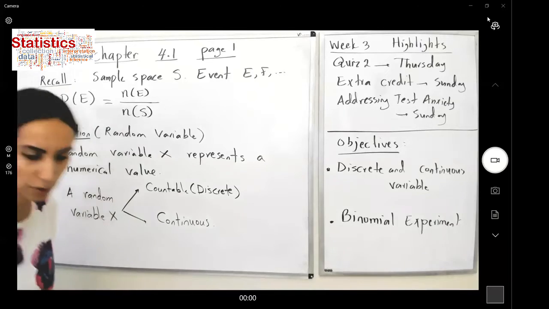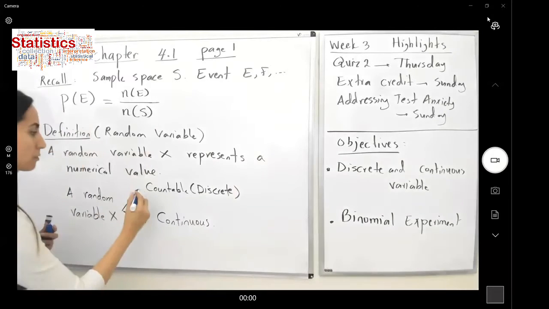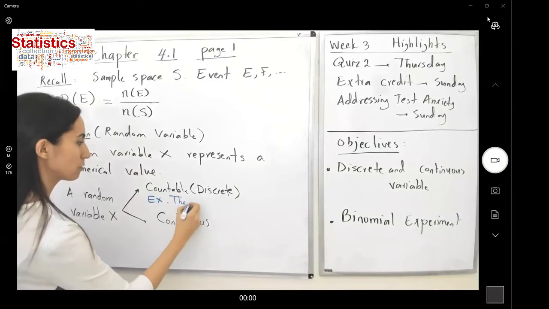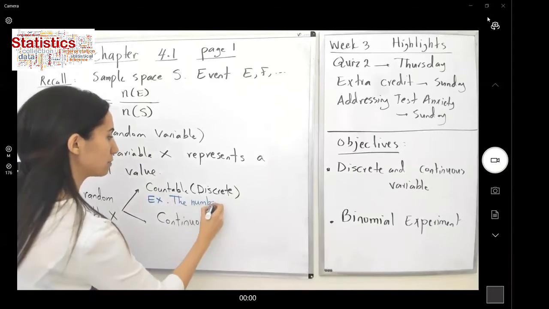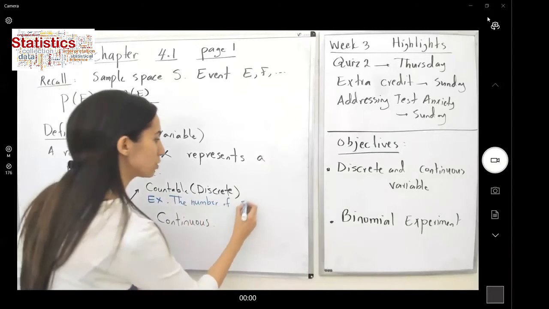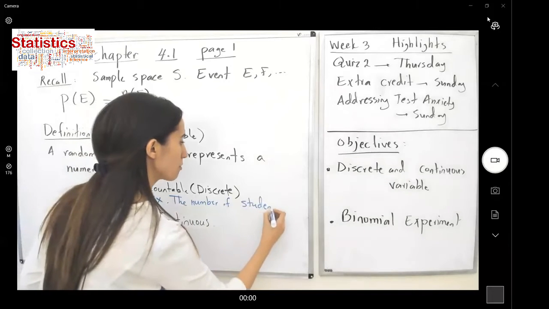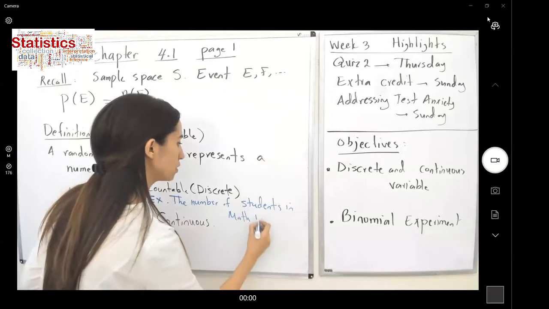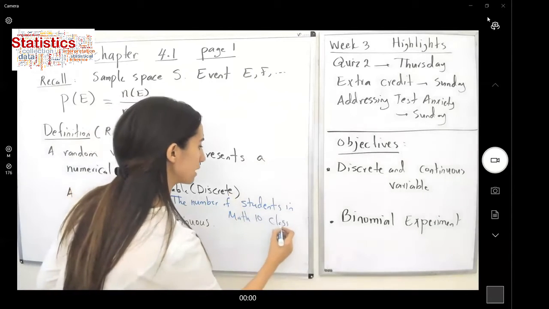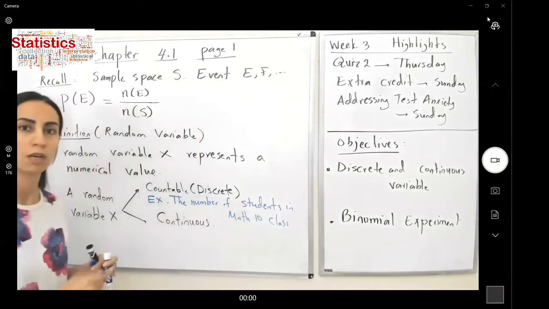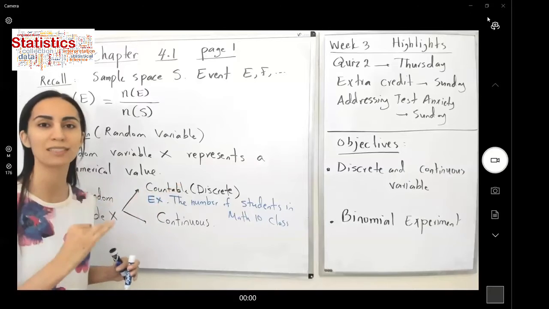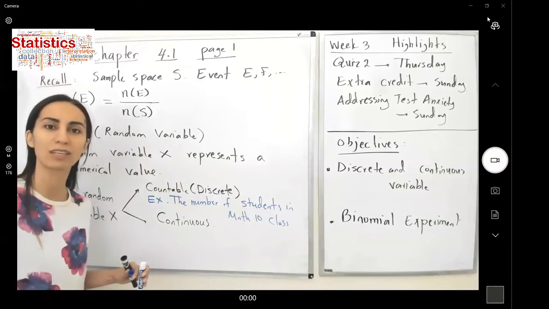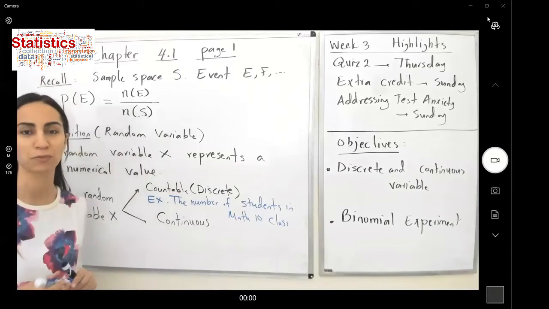For example, the number of students in Math 10 class. I can count them. 1 student, 2 students, 3 students, 4 students, 5 students, and so on.